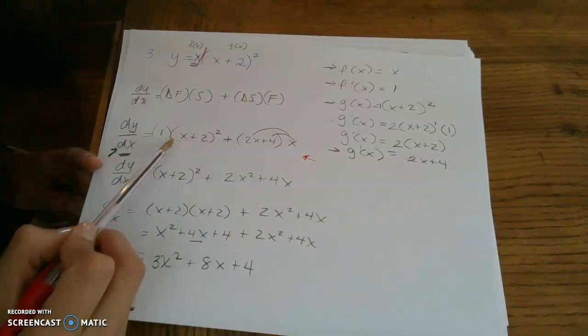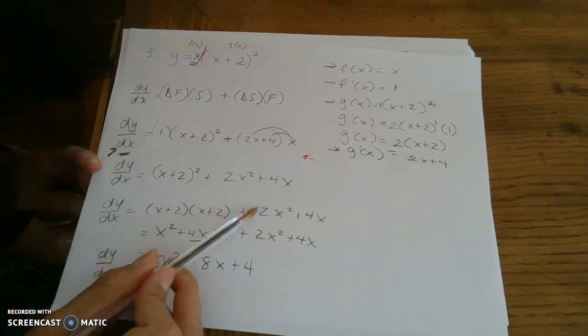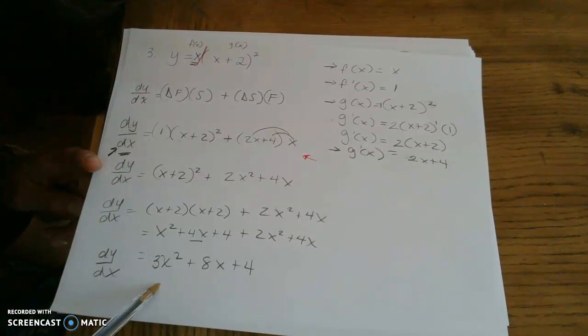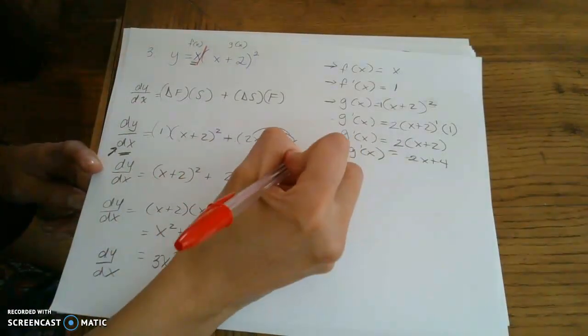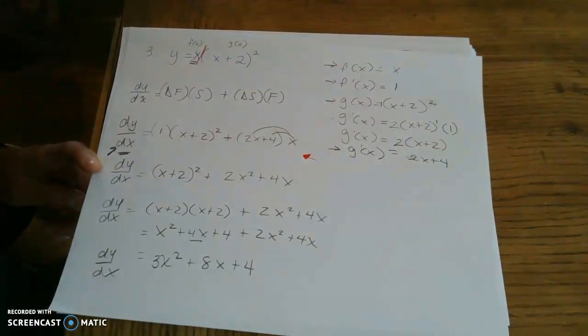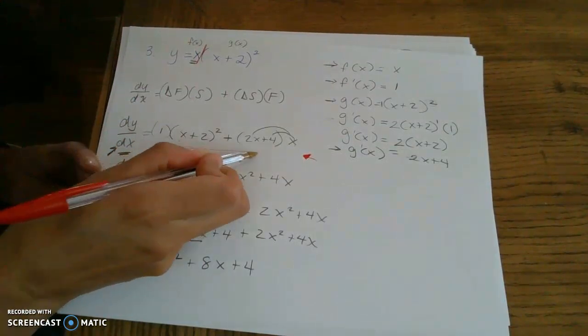Then you would have to continue, expand this out, and you get x plus 2x plus 2 plus 2x squared plus 4x, and you go ahead, expand it, combine, and this would be your final solution. But for right now, I'm more concerned that you understand the process of using the product rule to find the derivative. So leaving your answer here, it's okay.